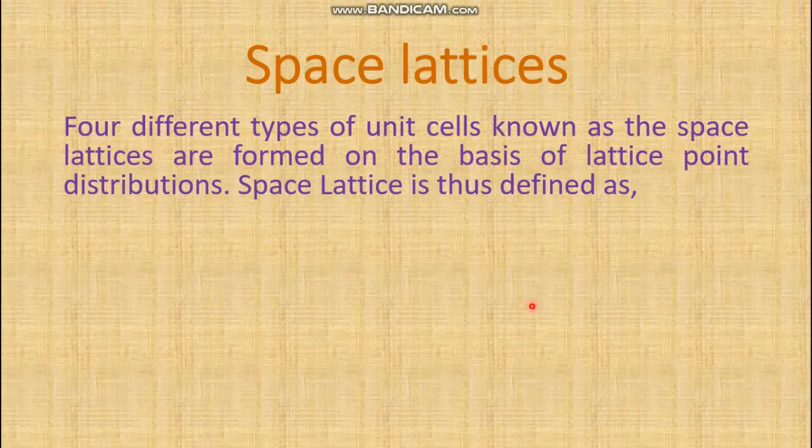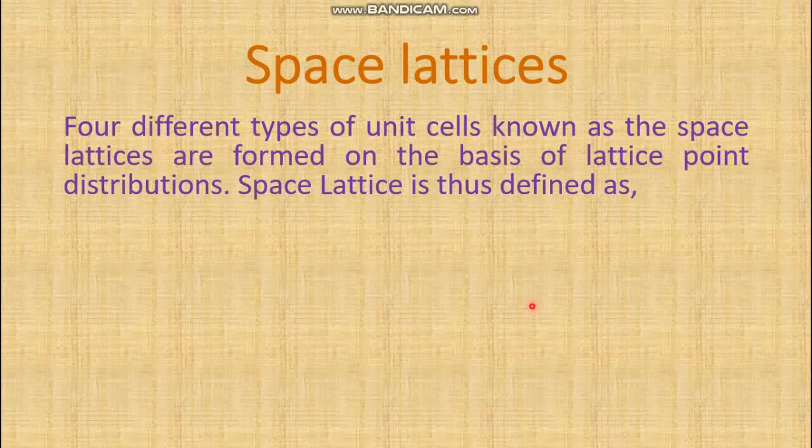Now, if these lattice points are distributed in a particular way, we can distribute them in 4 ways, and this distribution in solid crystals is known as the space lattices.